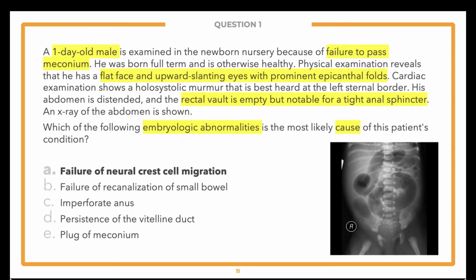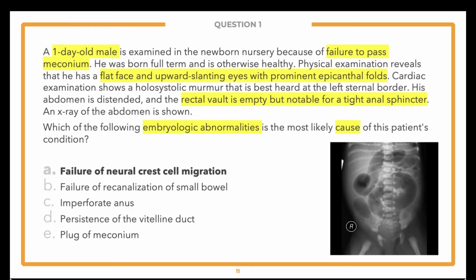That leads to dilation of the bowel and the stool just sits there. It's called aganglionosis. Okay, big fancy word, you don't need to worry about it. The idea is the absence of ganglion cells inside the colon. So that's why there's no peristalsis occurring. The stool just sits there and the baby does not pass stool.